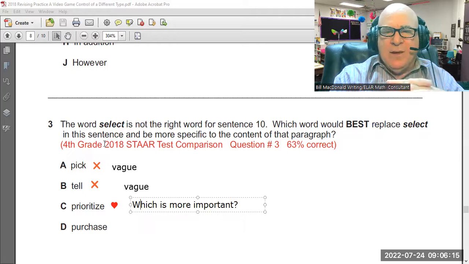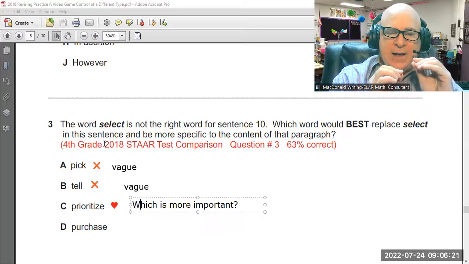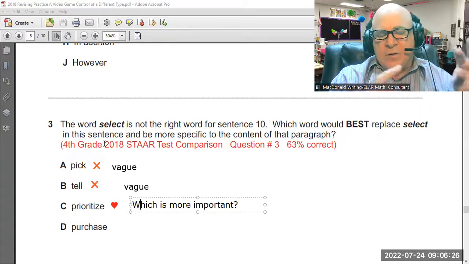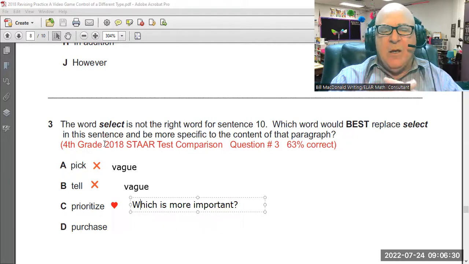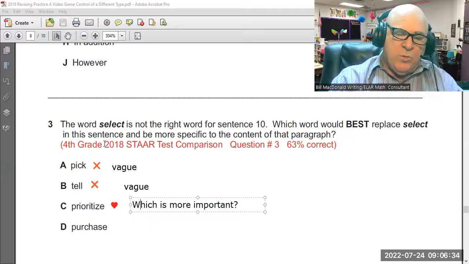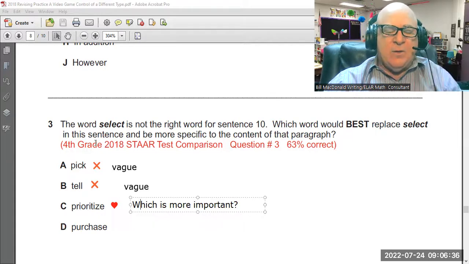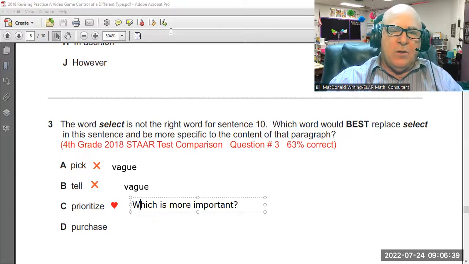So yes, select is similar to purchase, but select could not be substituted for purchase in this case because nothing was being bought, nothing was being sold. We were trying to make a decision based on which is more important. So answer choice D wouldn't make the most sense.